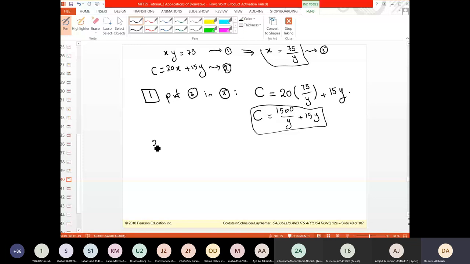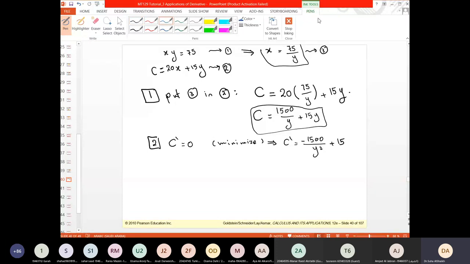Now I'm ready to do step 2, which is minimizing the cost by letting c dash equal 0 to do the minimization. They ask about minimizing here. C dash is equal to minus 1,500 over y squared plus 15.